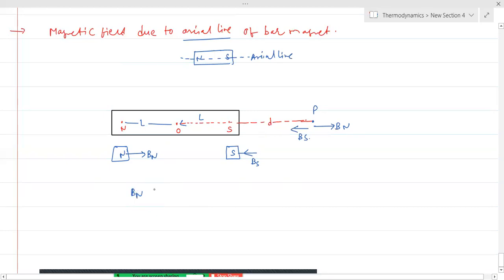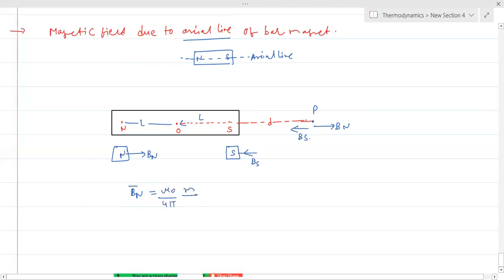First we take BN, the magnetic field due to the north pole. In terms of vectors, it is very convenient: mu naught by 4 pi into pole strength by distance squared.